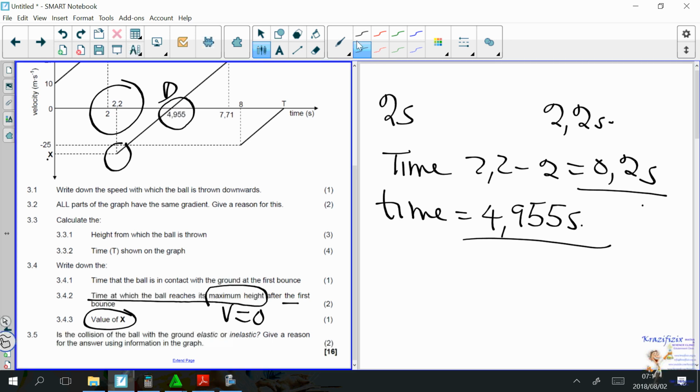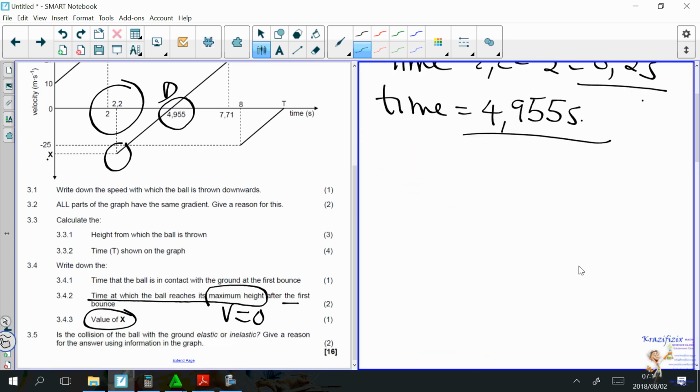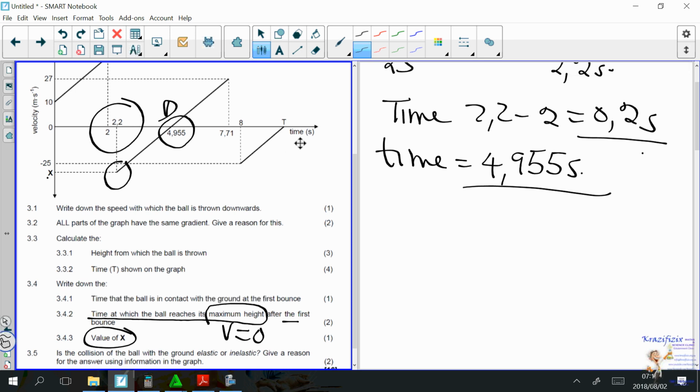There. We can do this mathematically, and if you understand your vertical projectile motion, you can actually work this out. Now, if you understand vertical projectile motion, your graph should be symmetrical.